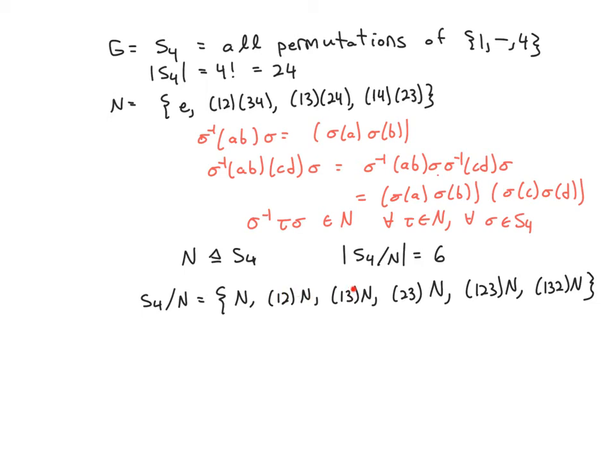Just looking at what you have, you can clearly see that these representatives are all permutations of 3 symbols. And so it turns out this quotient group is actually S3.